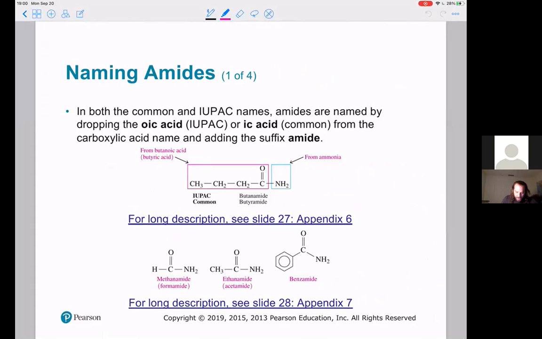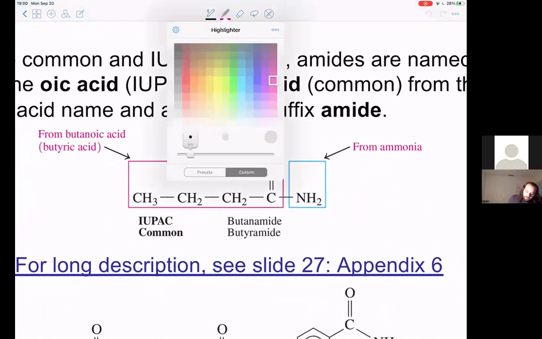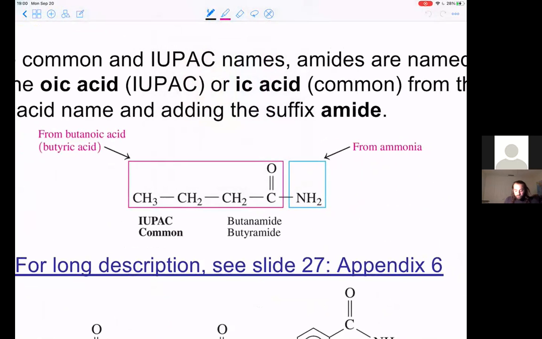How do we go about naming these? Actually, it's really similar to how we named amines. We used the suffix amine at the end; to name amides, we use the suffix amide at the end. This is 4 carbons, so that's but-, from the 1, 2, 3, 4 carbons, and it's an amide, so this is butanamide.